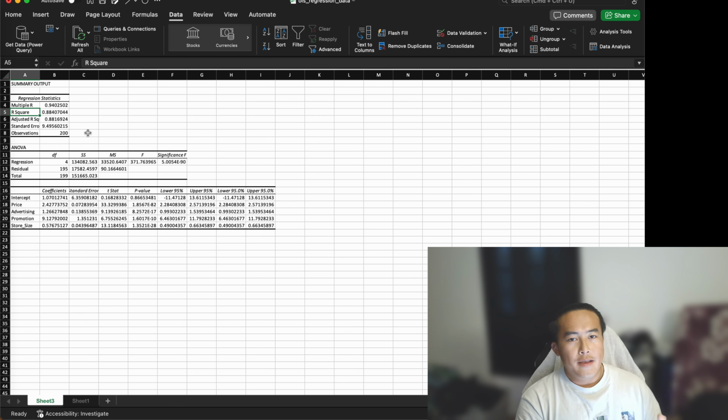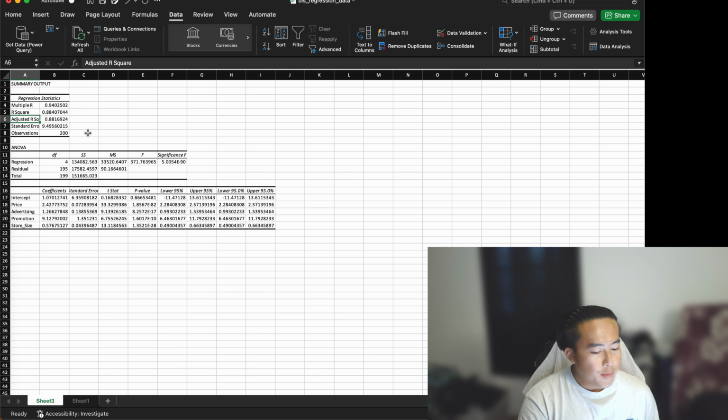And so in terms of your coefficients, which are your X variables, it tells you how well they explain the Y variable and the shifts of that. And so according to our model, about 88% of the effects that are occurring are explainable from price, advertising, promotion, and store size. Now, adjusted R-square is a bit, I'd say, more confident wise.